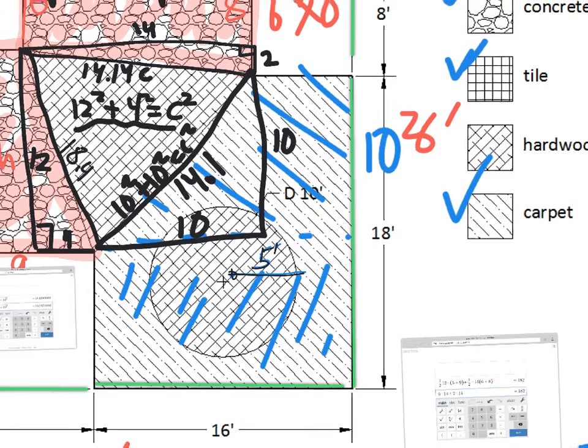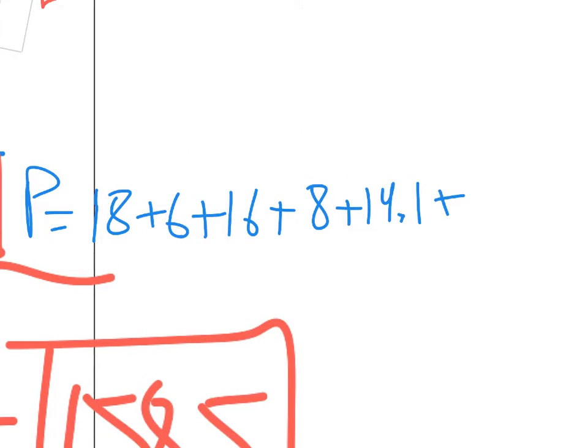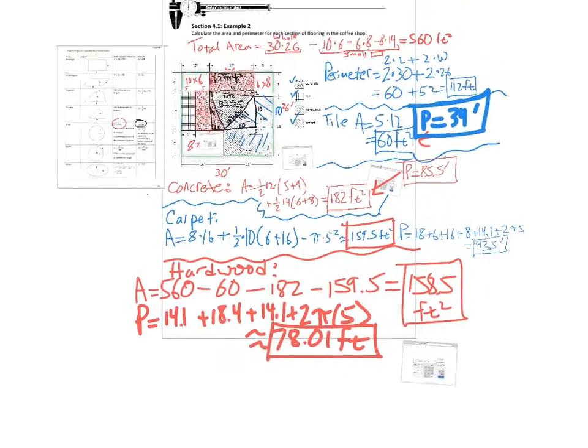So let's add up all those distances, plus the circumference. Remember, circumference is 2 pi r. So 2 times pi times 5, and in the end, we get 93.5 feet of trim. Okay, I think we got all our perimeters.